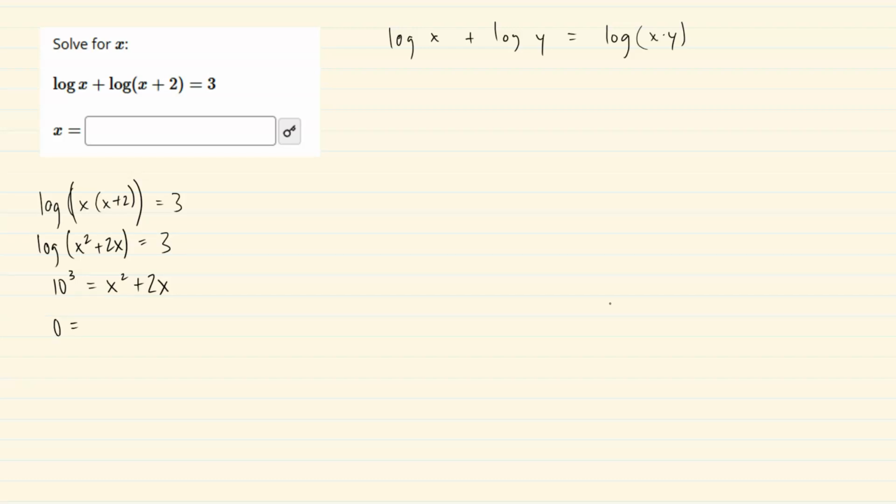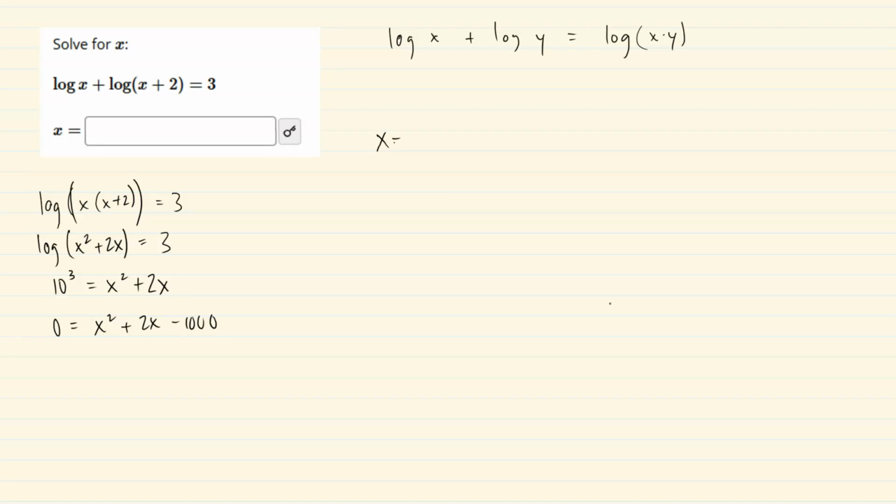So we would have 0 equals x squared plus 2x minus 1,000, because we want to get that 10 to the third on the other side. And now we are ready to use the quadratic formula.